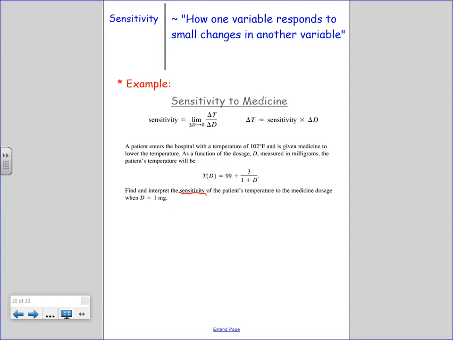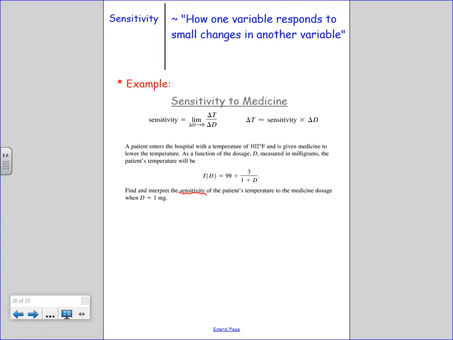Find the change in T and the change in D, and then take the limit. But how do we actually apply that? Are we going to cheat and find the derivative, or do you want to do it the limit way? Let's do the limit way.